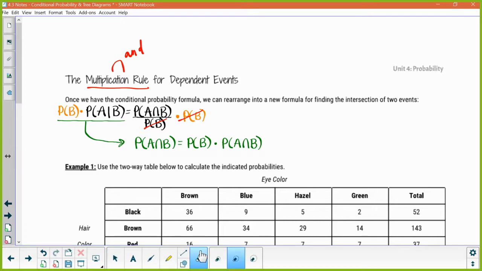One small error here. Should be probability of A given B. Small error. At least I caught it now and not during seventh period.